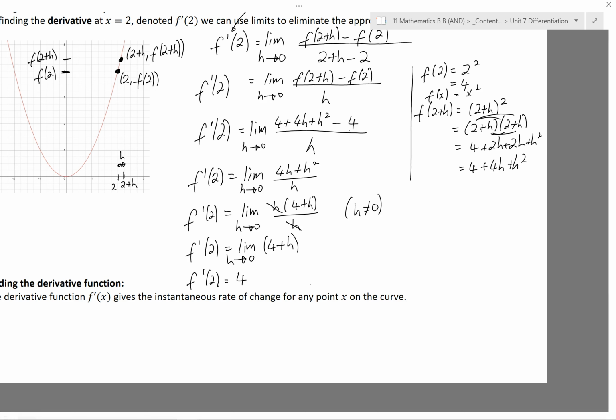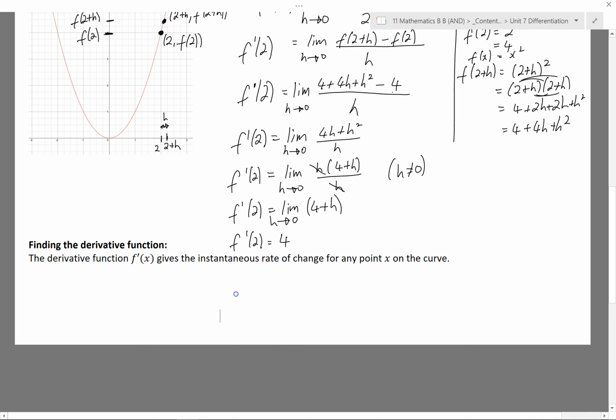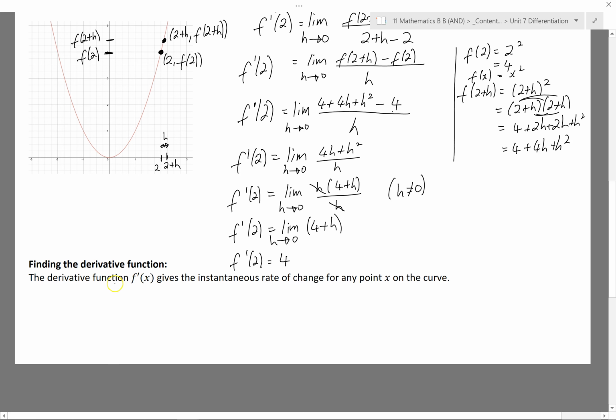So if someone then went and asked me to find, well, what's f dash of 6, what's f dash of 7, what's f dash of 8, I could do that by repeating this process for all of these points. But it'd take a lot of time. So instead, what we're after is the ability to make the derivative function, f dash of x, which will give us the instantaneous rate of change for any point on the curve.